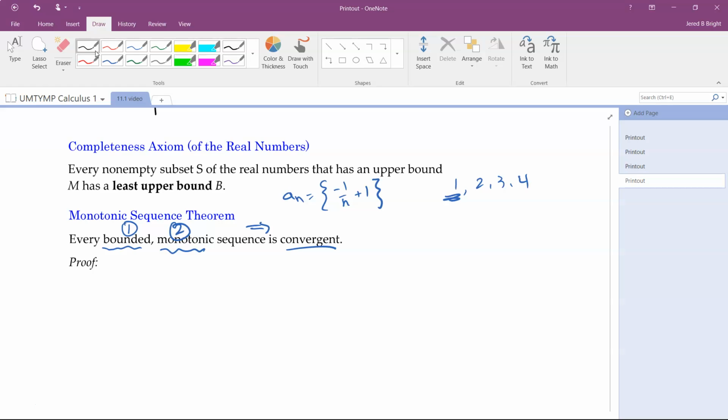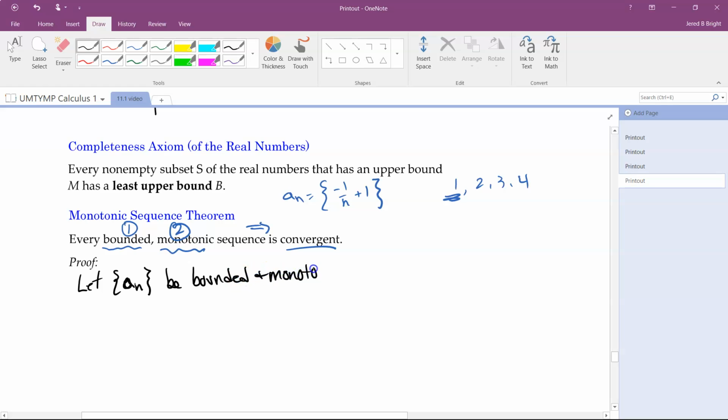This is a very nice theorem that you will see later on in life, but here's how it's going to progress. In a proof, we typically start by stating our assumption. So we let the sequence a_n be bounded and monotonic.